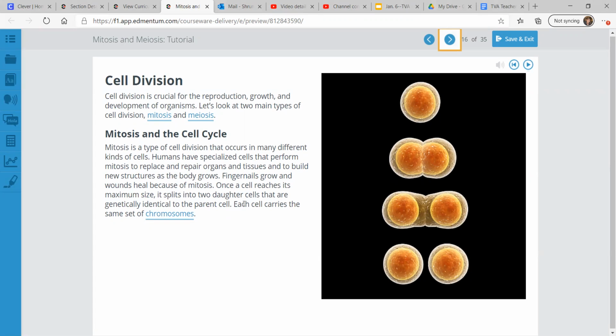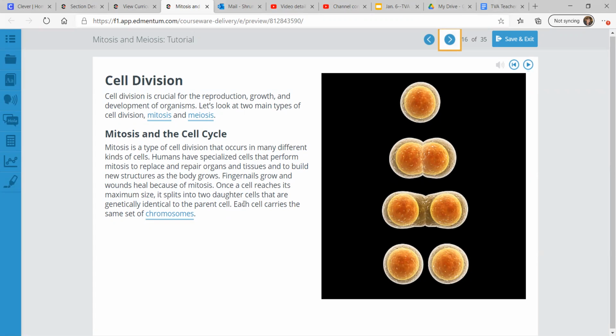Mitosis is a type of cell division that occurs in many different kinds of cells. Humans have specialized cells that perform mitosis to replace and repair organs and tissues and to build new structures as the body grows. Fingernails grow and wounds heal because of mitosis.